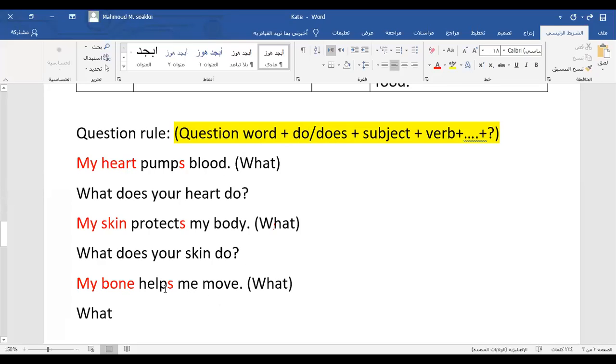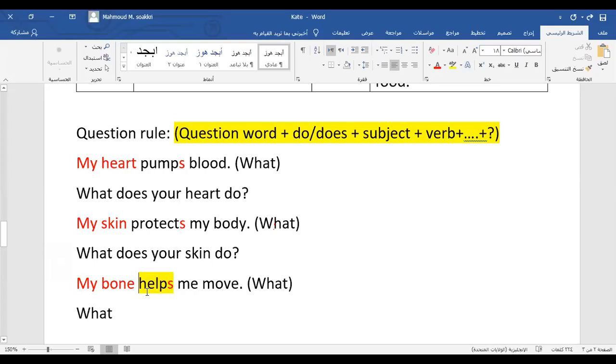Excellent. Now the verb helps. Does the verb helps end with S? Look carefully. Yes.